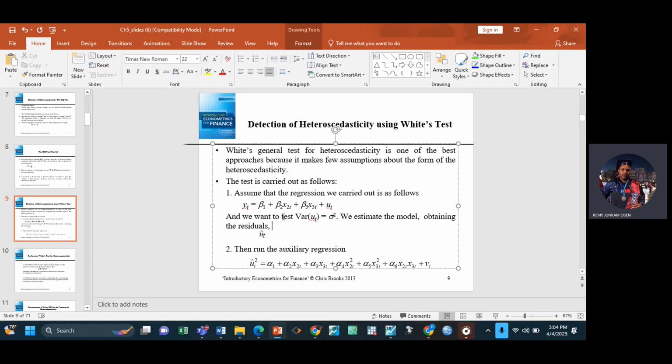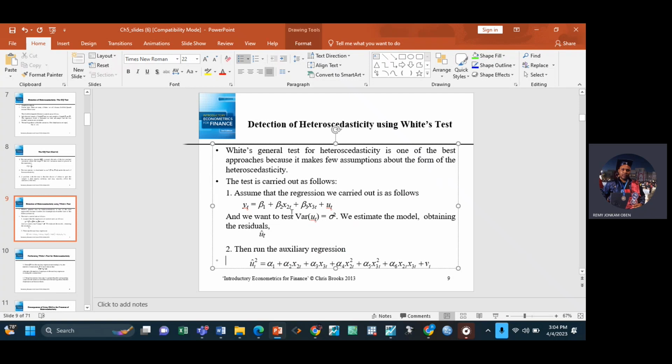So you estimate this regression and get the residuals. Next, run this auxiliary regression. What do I mean? Once you obtain the residuals from the first step, use these residuals as the dependent variable in the new, auxiliary regression. And what are the regressors you're going to use?